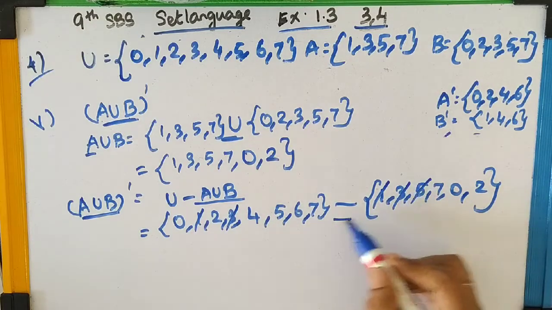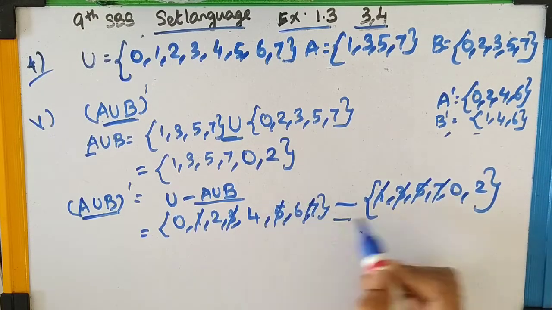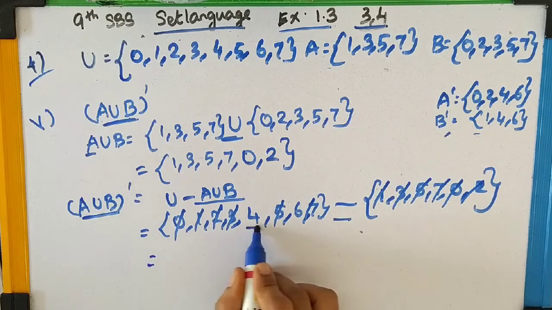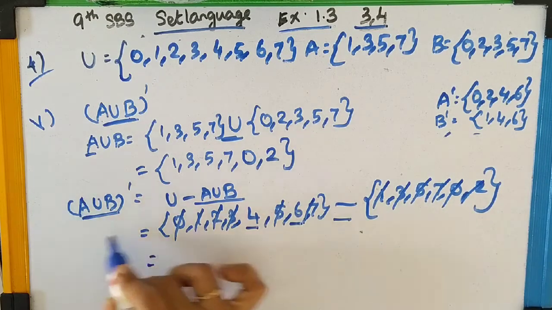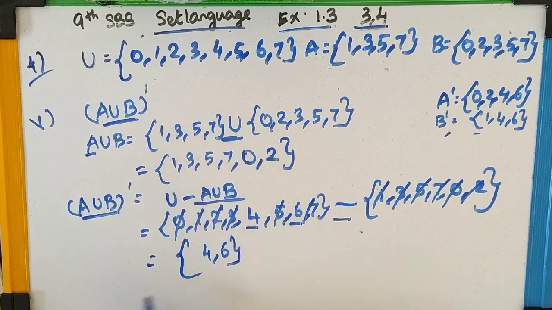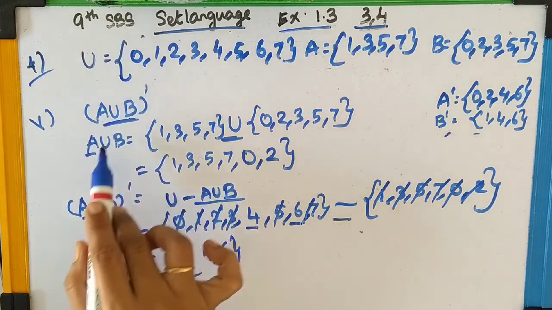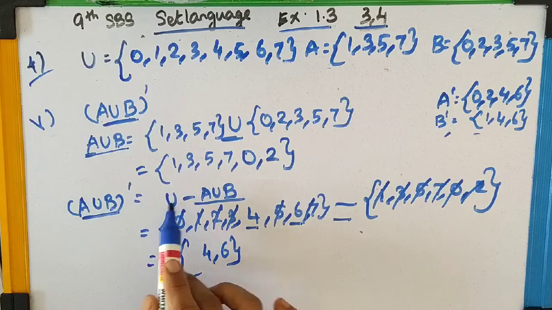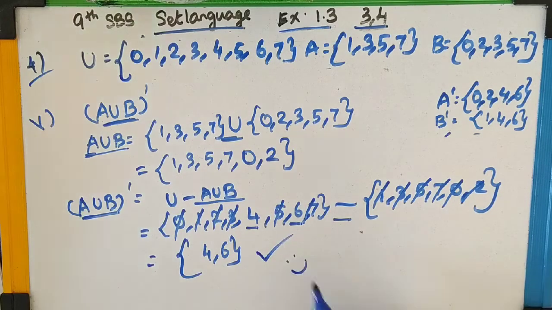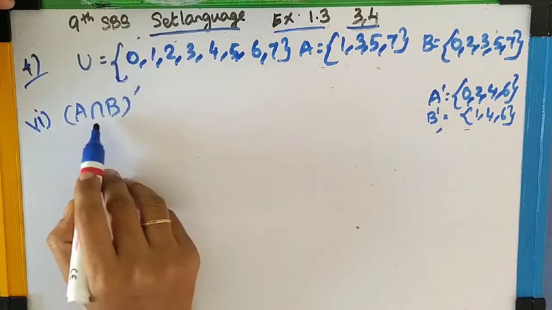Yes, we have to cancel all the common elements and write the remaining elements in the first set. So I have cancelled 1, 3, 5, 7, 0, 2. The remaining elements in the universal set are 4 and 6. This is A union B the whole dash. So for this we have first found A union B and found A union B whole dash.